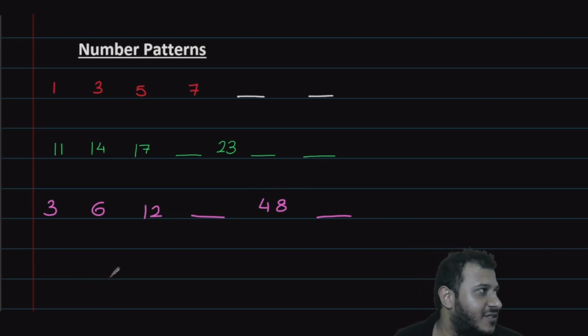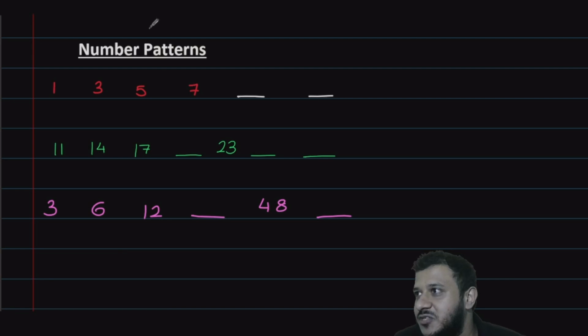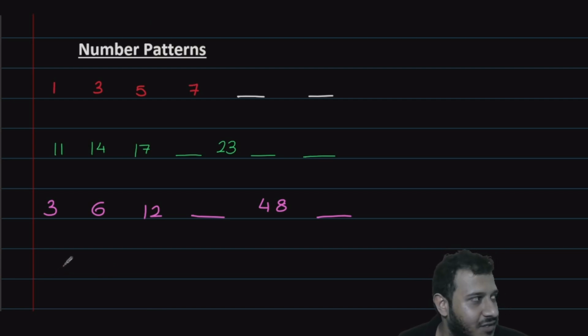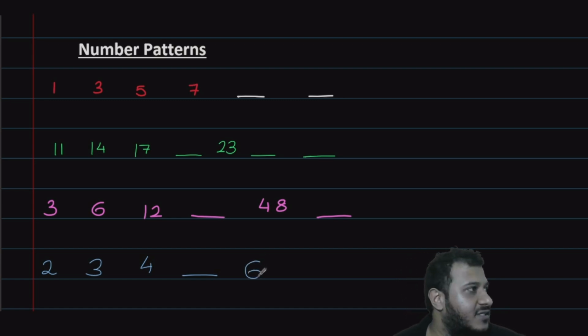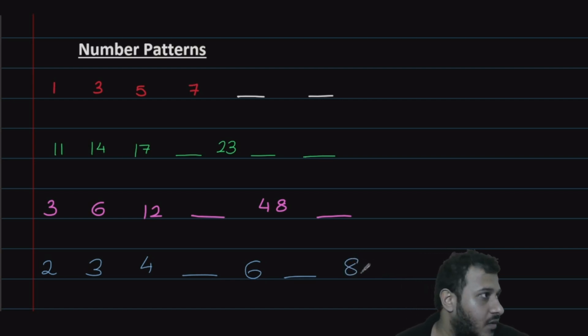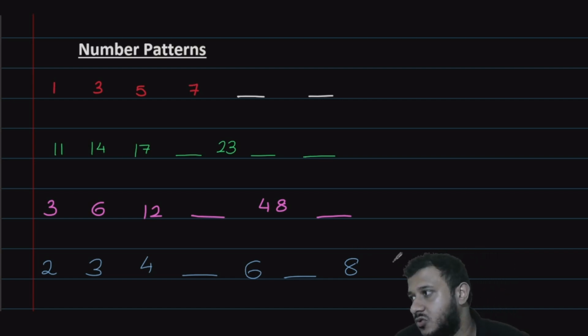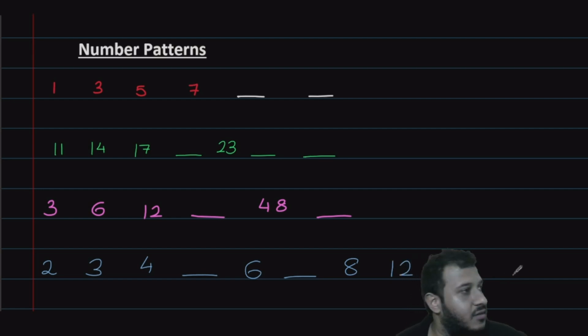And the last one, the one which I like most, is this. Not many people manage to find this answer, but once they see it, it's very easy. 1, 2, 3, 4, blank, 6, blank, 8, 12, blank, 15.